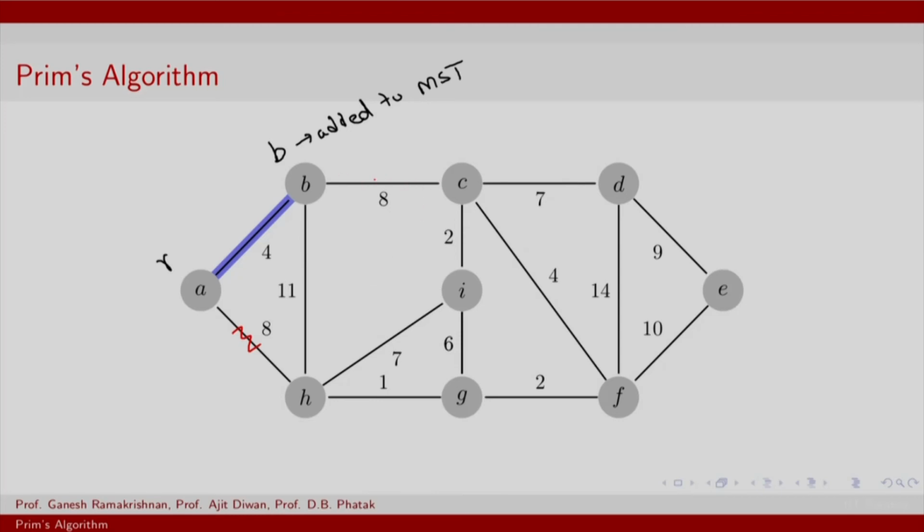C has a path to B but has no direct edge to A. For all the other vertices, there is actually no direct edge incident on the nodes added so far to the minimum spanning tree. So in the next step, all you can do is choose between C and H. Arbitrarily break the tie and choose C.